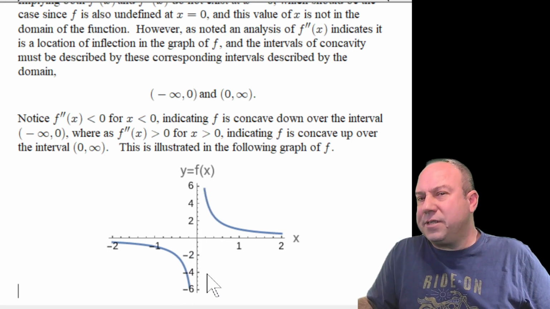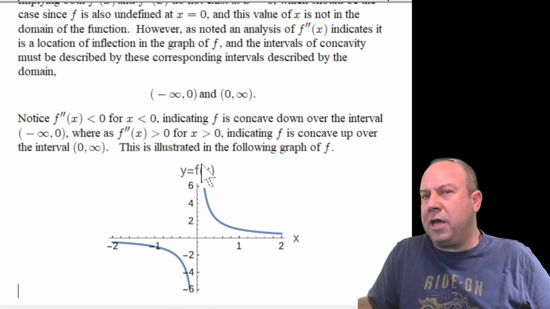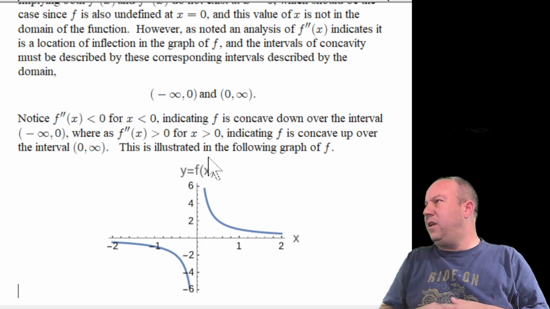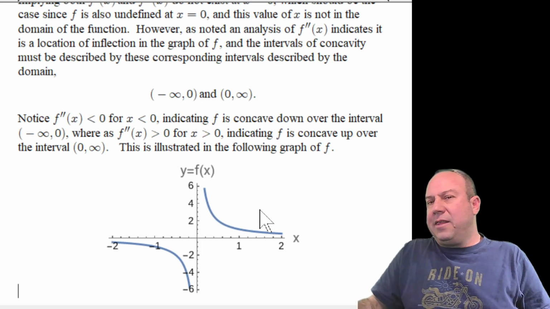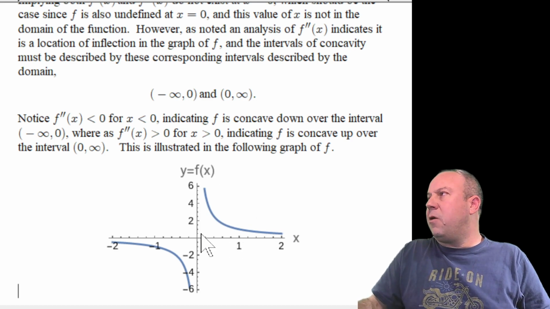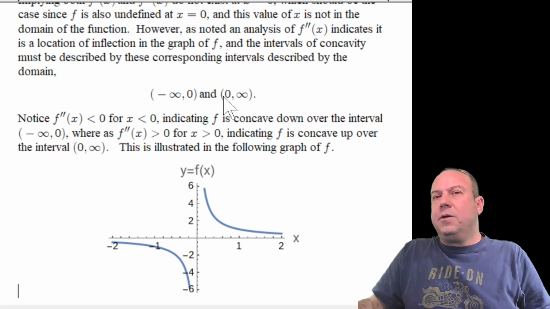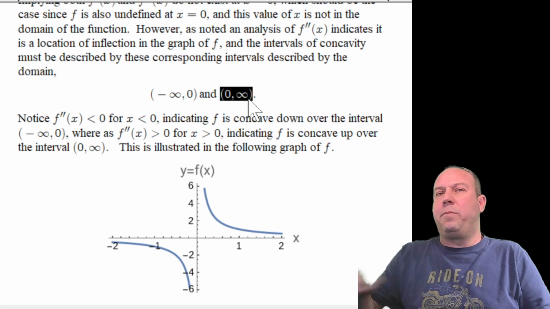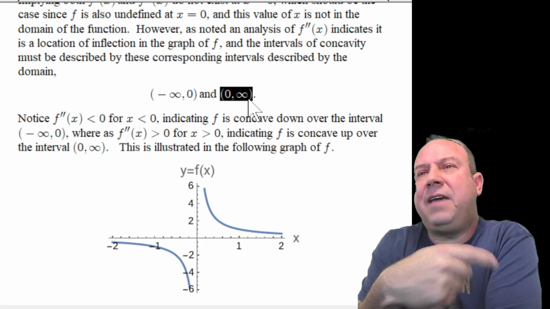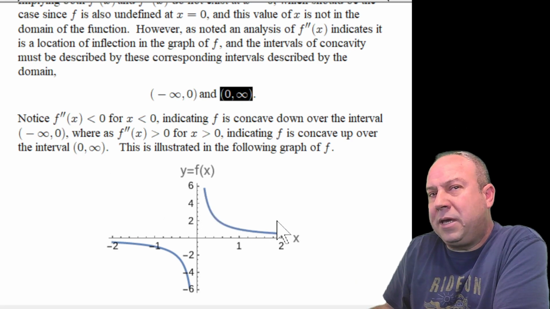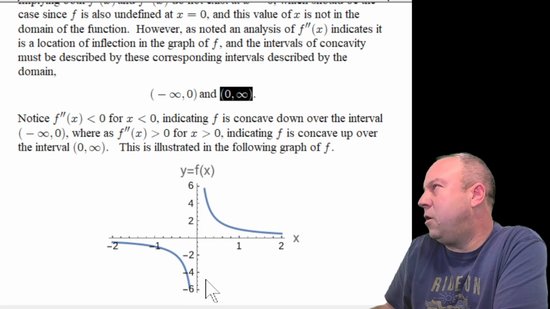On the other side of that inflection location, we do see the graph starts really close to negative infinity and then gets really close to 0 as x goes from 0 to positive infinity. So over this interval from 0 to positive infinity, we must be concave up. And that's what the graph is highlighting. This is concave up behavior. And at x equal to 0, we have an inflection location.